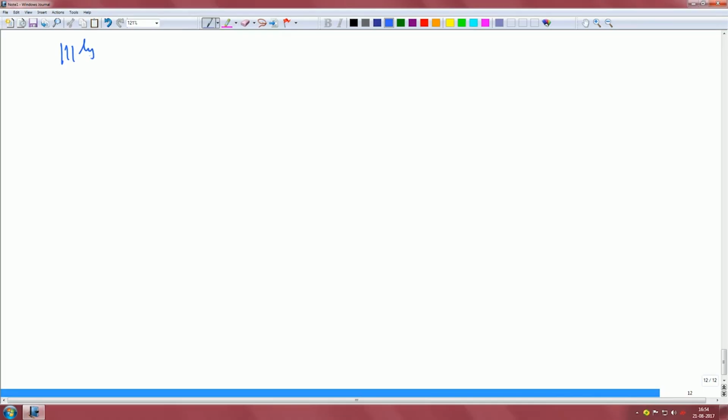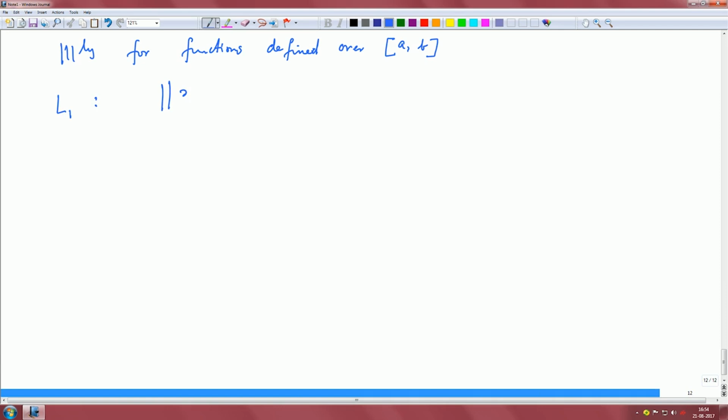So, similarly, for functions defined over this interval a b, this is a closed interval, we can define these norms as follows.